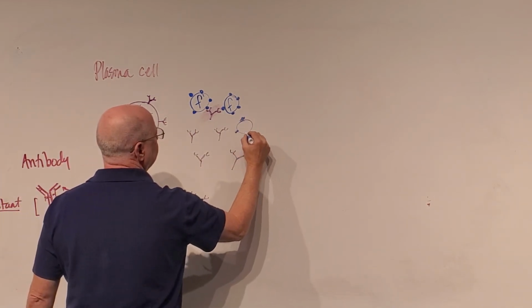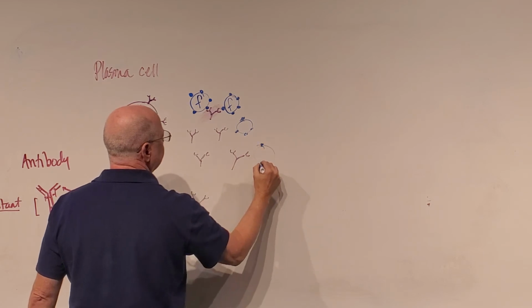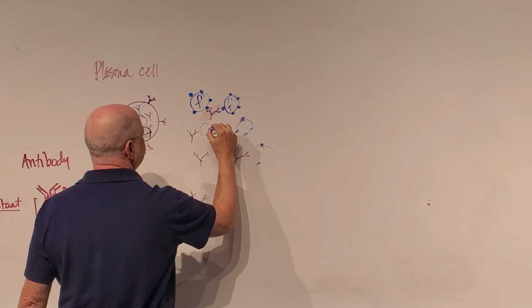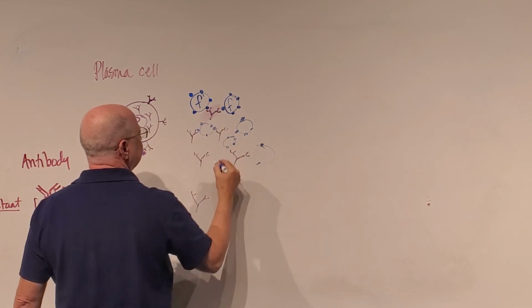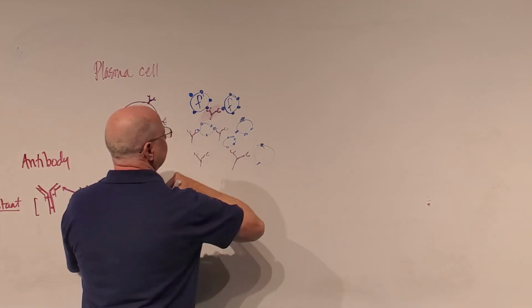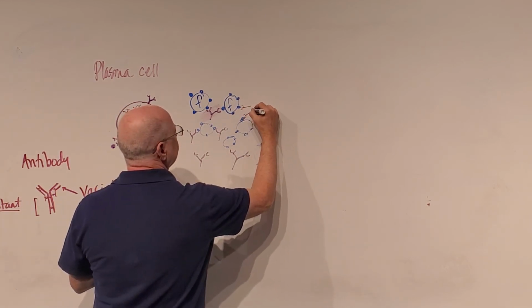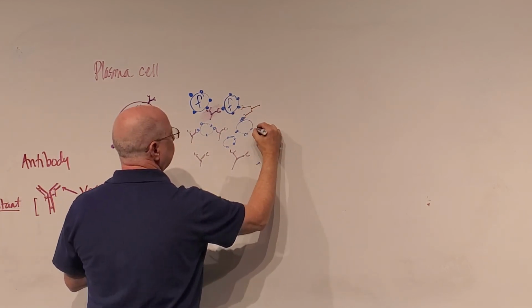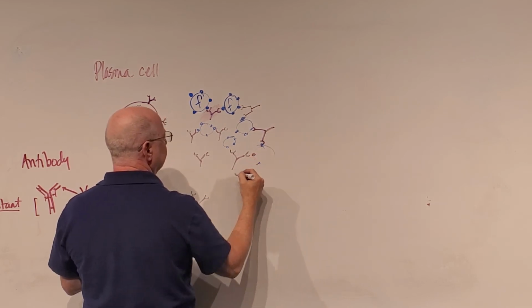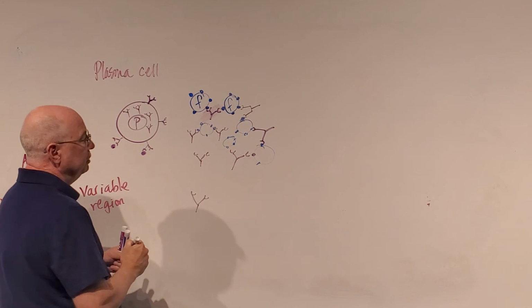And if I have a whole bunch of these foreign cells hanging around that all have the same surface proteins, what happens is I can actually have antibodies that bind to 2 of these. And another one here, and then this one could bind to this one, and you get the picture. Okay?